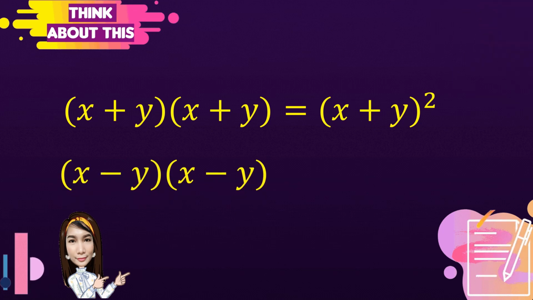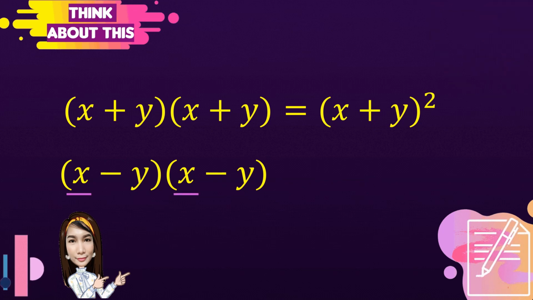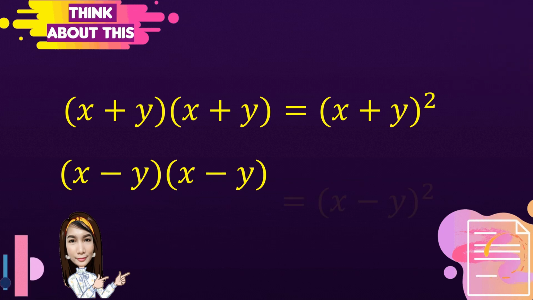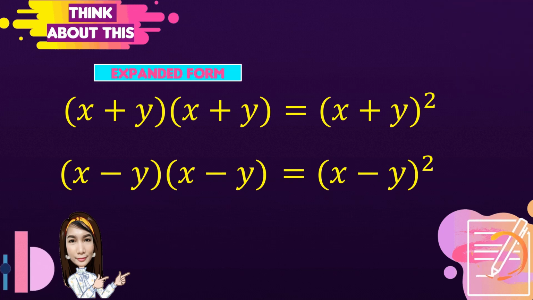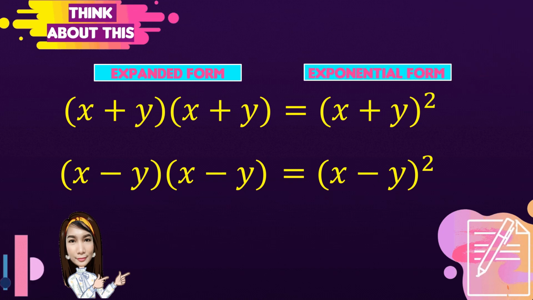Same as given the quantity of x minus y times the quantity of x minus y. We have the same first term x and the same second term y. The operations are both minus. So they are considered identical binomials and can be written as the quantity of x minus y squared. So the first given are considered the expanded form, which is equal to its exponential form.